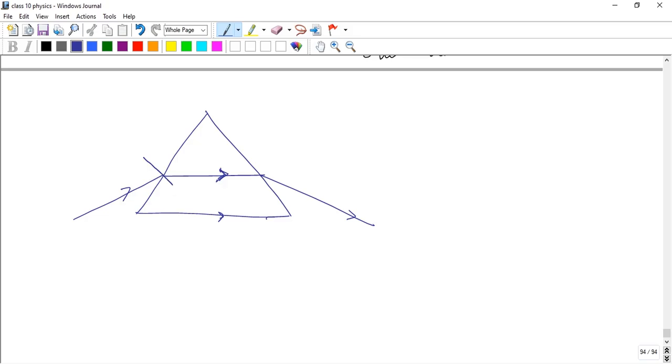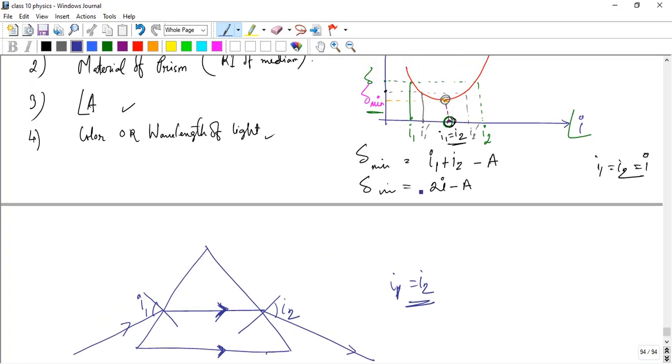That is the normal here, that is I1, that is I2. If the refracted ray is parallel to the base, then I1 equal to I2, and we get delta minimum.